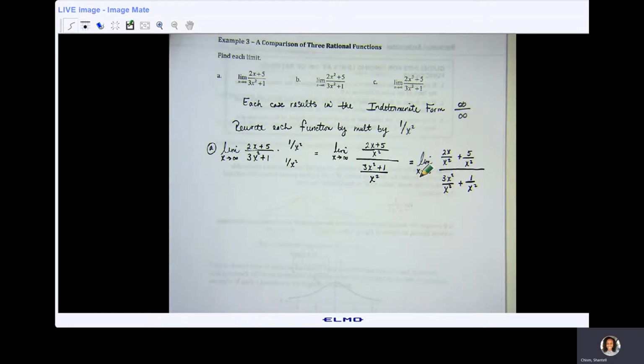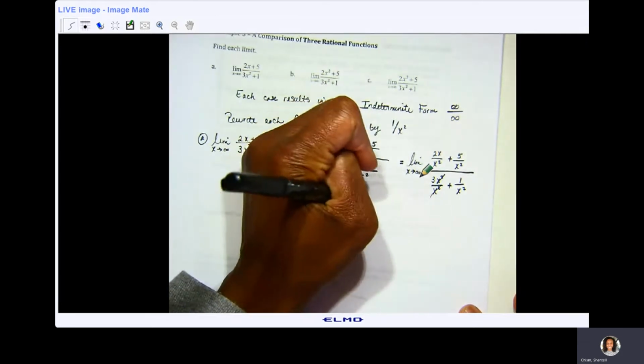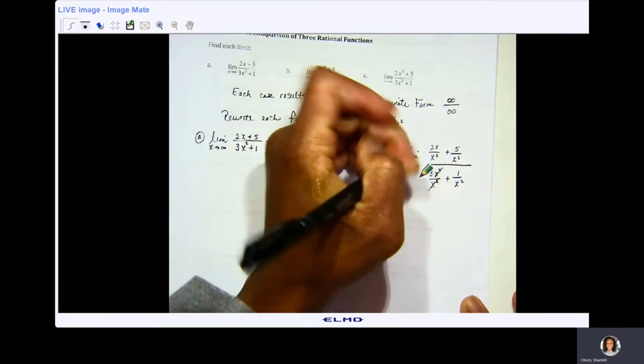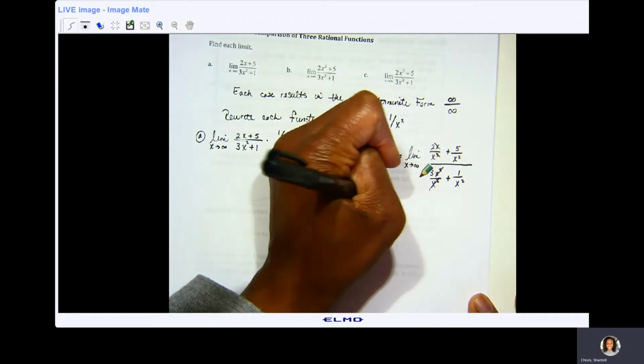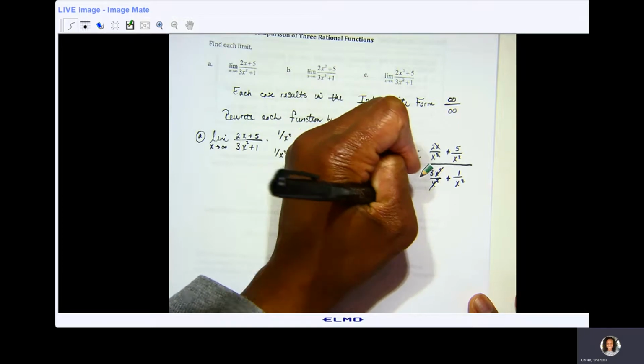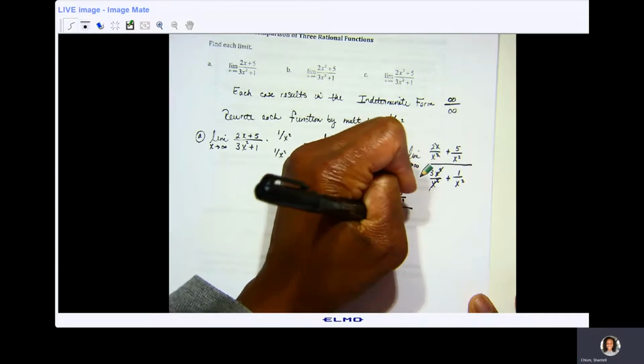And so let's see what our answer will be for this problem. Keep in mind, x squared over x squared cancels out. So this is the limit as x approaches infinity of, and this x cancels with one of those, 2 over x plus 5 over x squared, over 3 plus 1 over x squared.